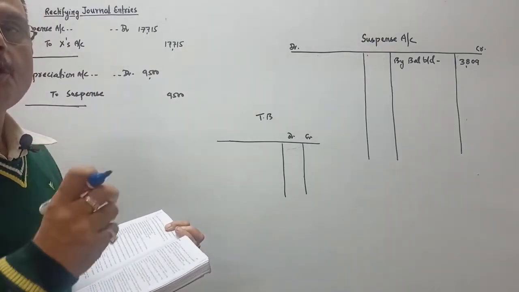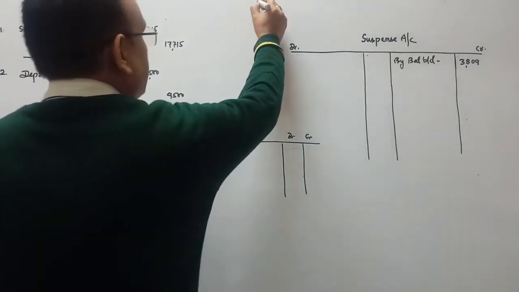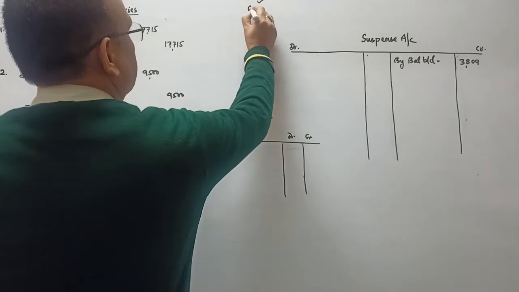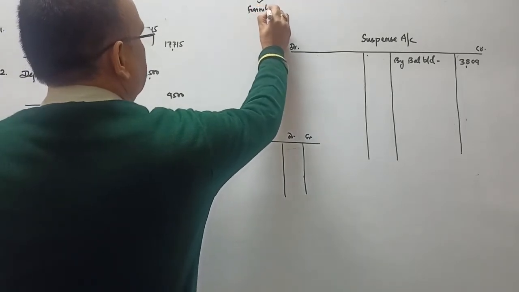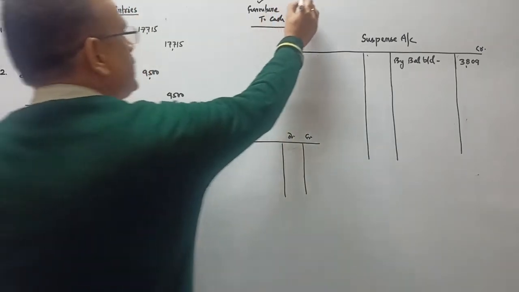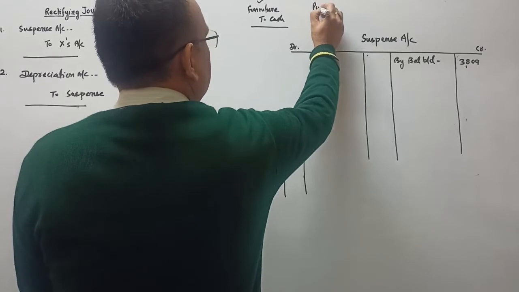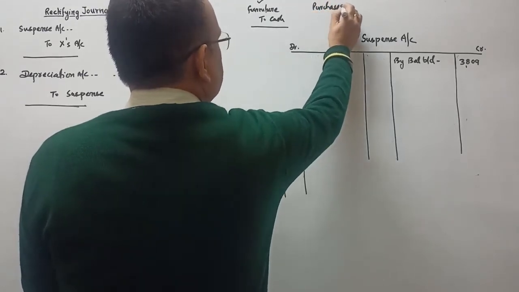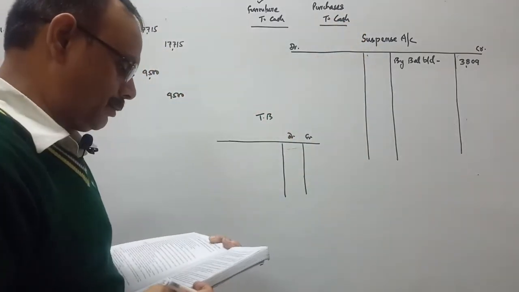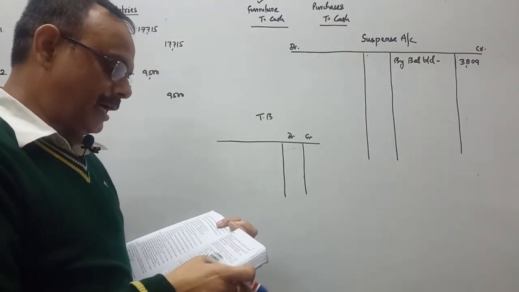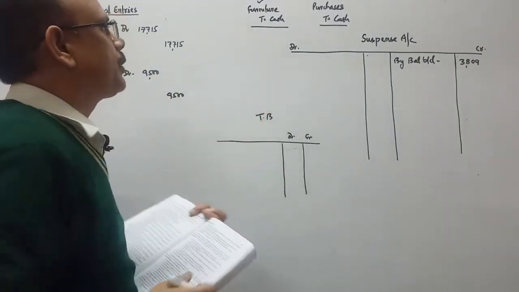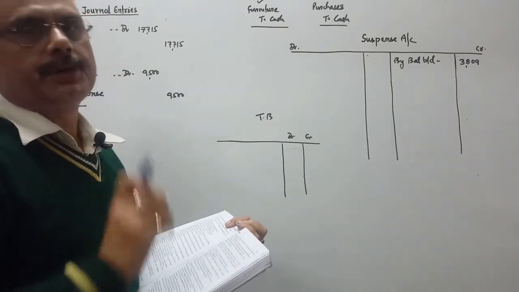When we purchase the furniture, the right entry should be furniture account debit to cash account. But wrongly it is recorded in the purchase book. So purchase account debit to cash account. It has been charged to the ordinary purchase account. Instead of furniture account, the accountant has done purchase account debit.